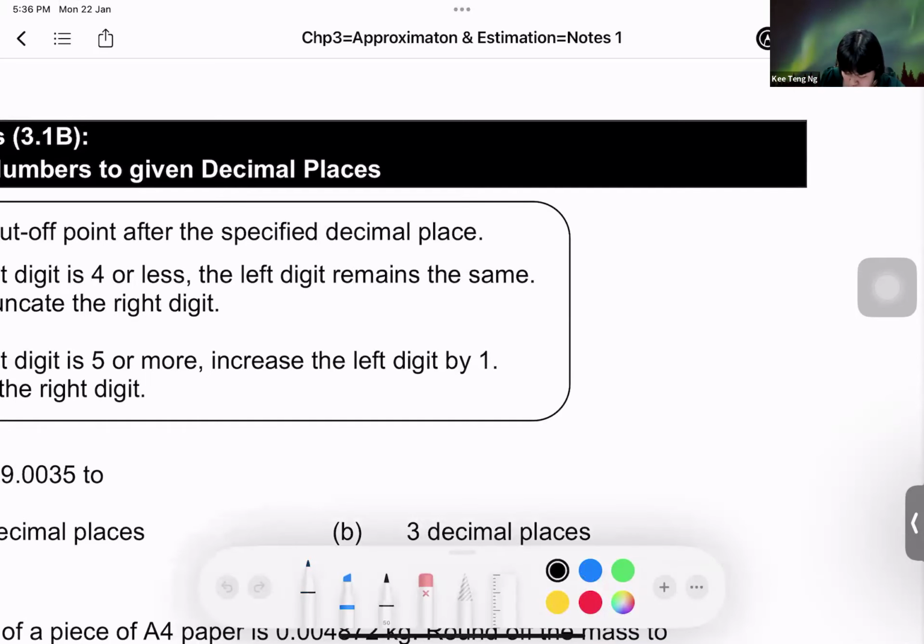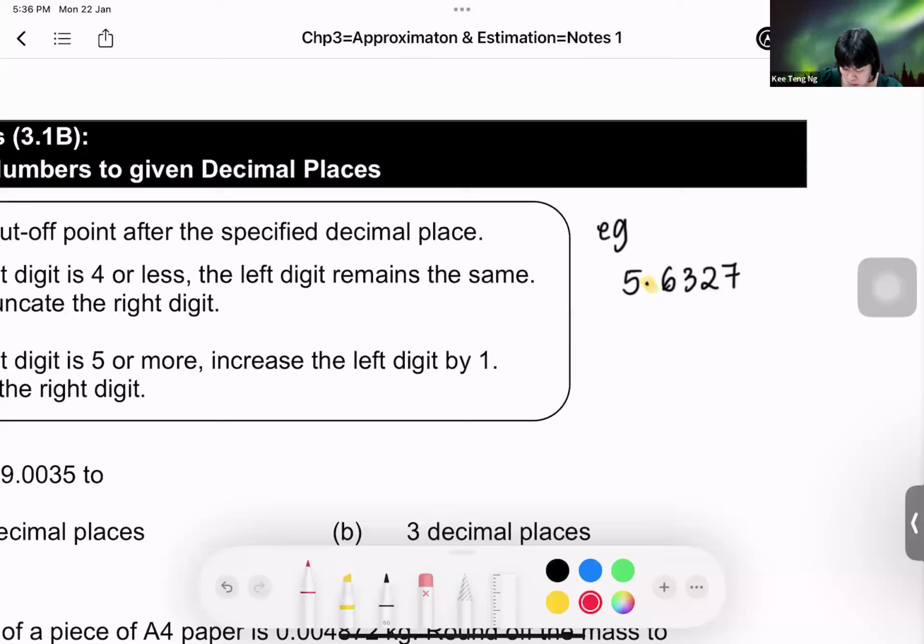Okay, so for example, if I have a number, let's say 5.632, how many decimal places does this number have? Now, first, what is a decimal place? We need to look at the decimal place. This dot here is the decimal.